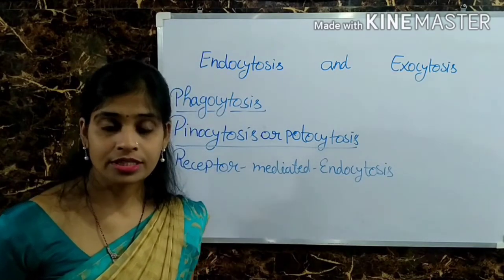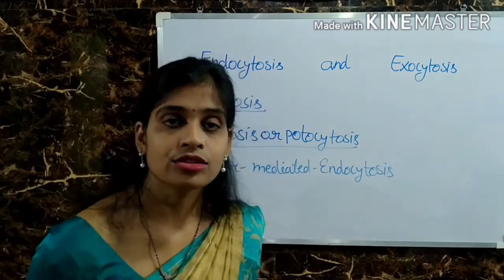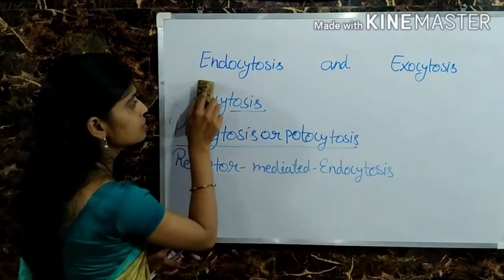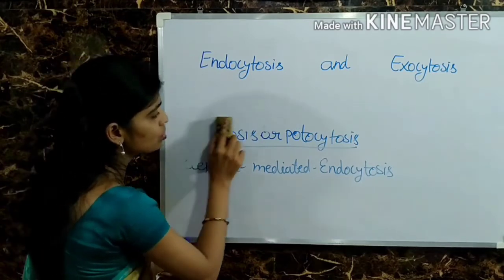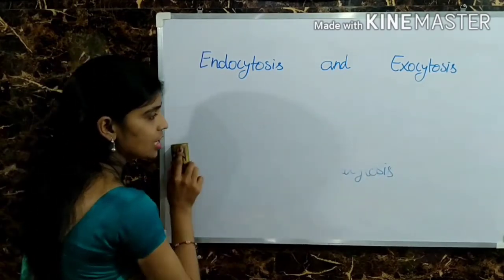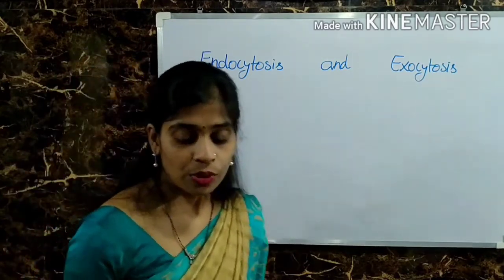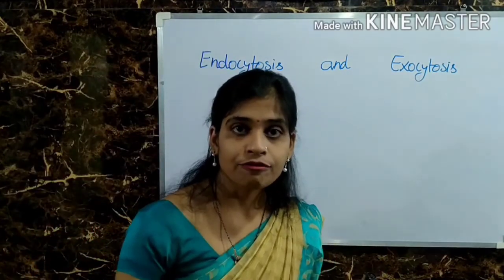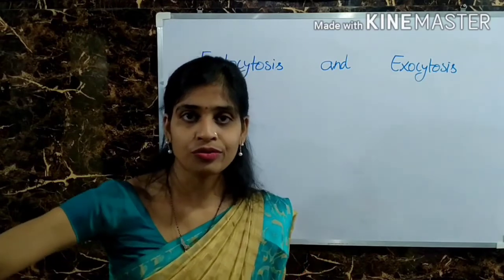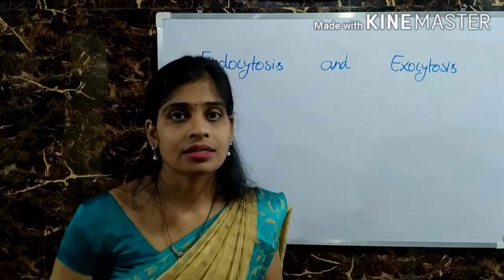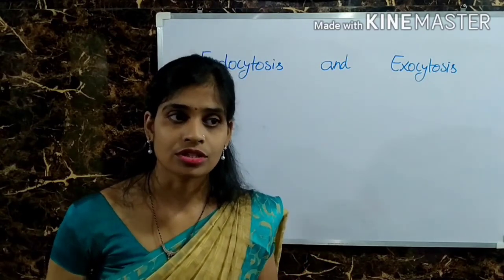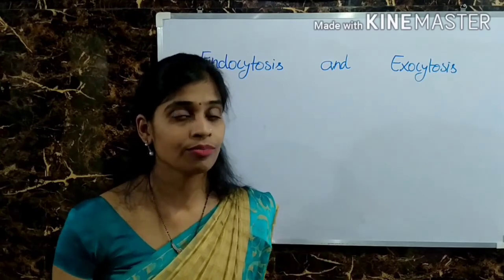So my dear friends, now learn about exocytosis. Exo means outside and cytosis means cell functioning. So the cell functioning out from the cell, that is exocytosis. And how does the cell function out from the cell?